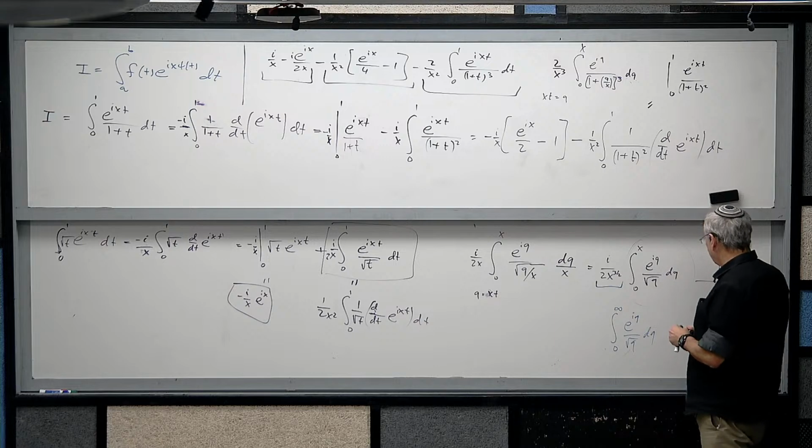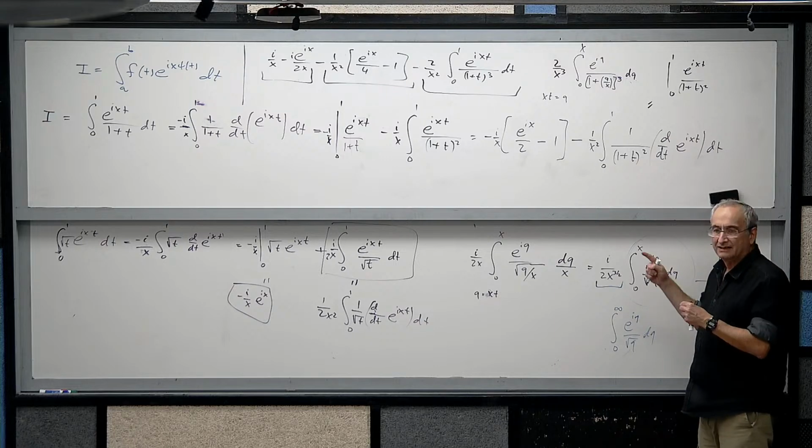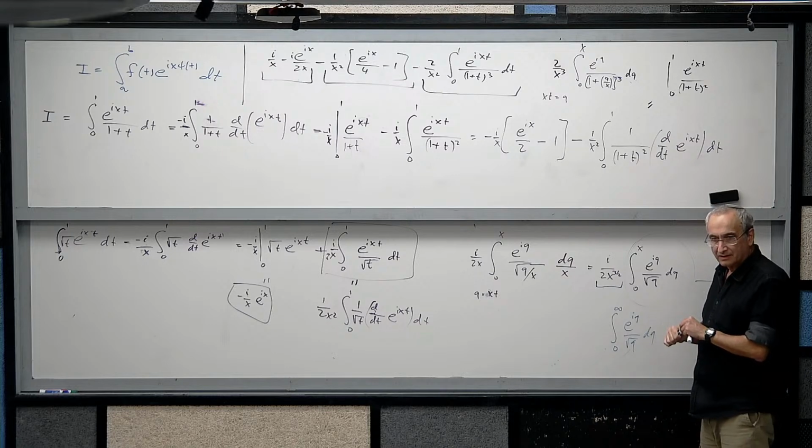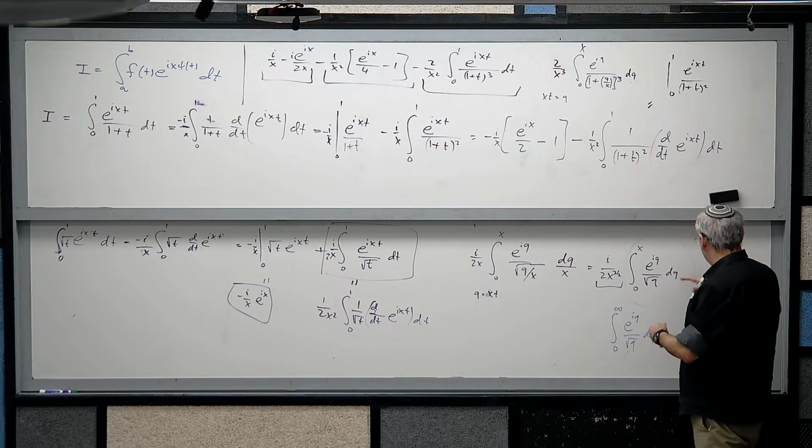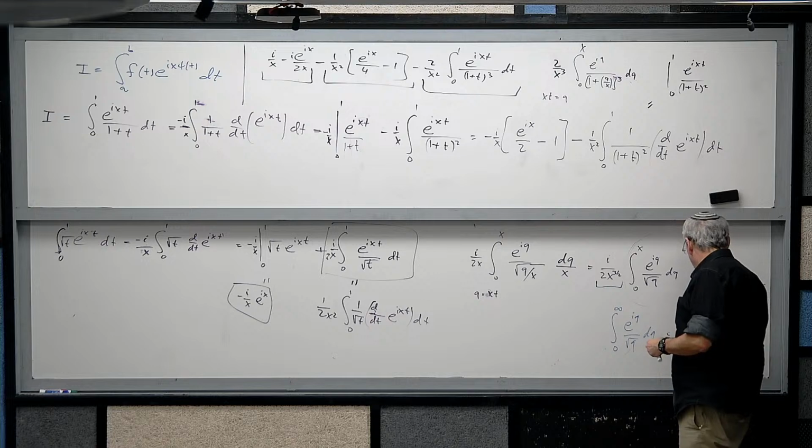So I would like to integrate not over q, but over i times q. Then I will get the integral from 0 to infinity of e to the minus q divided by the square root of i times q, d of i times q.